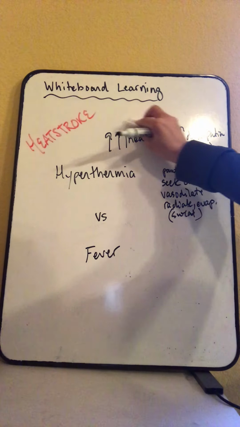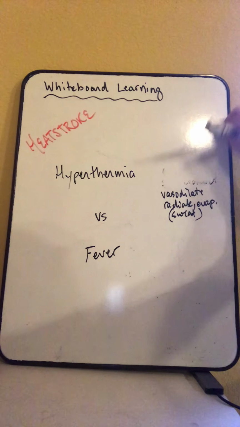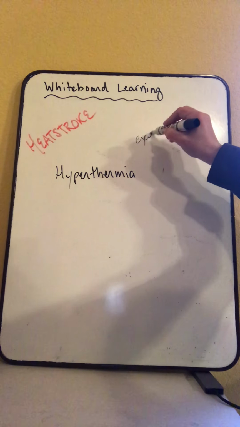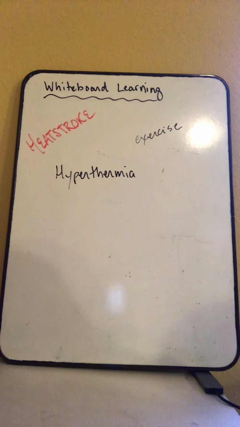So let's think about some situations which are hyperthermia. One would be exercise. I exercise and I normally get a little warm, but I do things to help myself dissipate that. On a regular day, I can pant, I can do stuff, and I'll be fine.